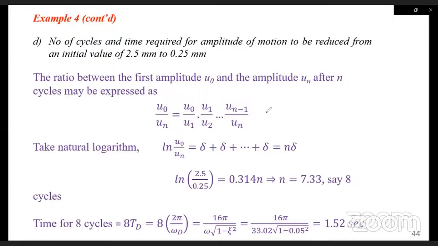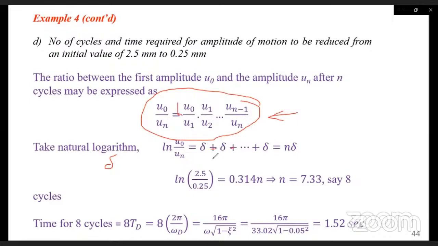So you have utilized that expression. You take the natural log because that's the one that will give us the logarithmic decrement, u naught over un. If you take the natural log, the product of this is the same as the summation of the values that we're going to get. So either of these will give us the delta.